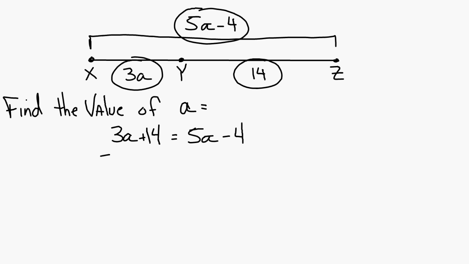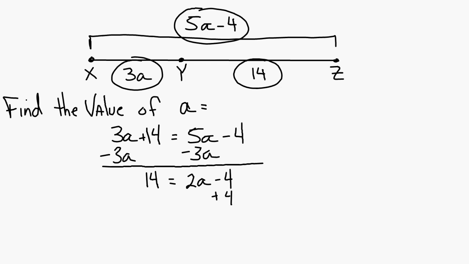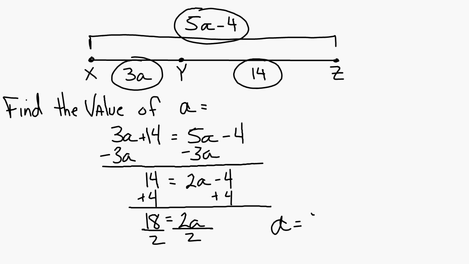So subtract 3a. 14 equals 2a minus 4. Add 4 to each side. So 18 equals 2a. And then divide by 2. So the value of a is equal to 9.